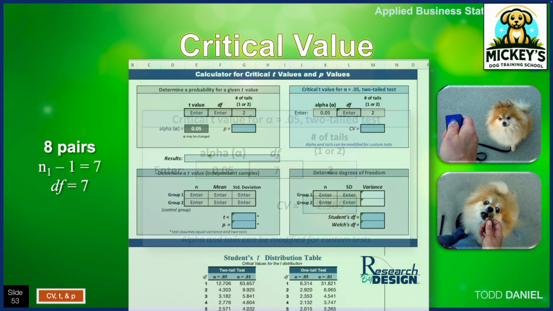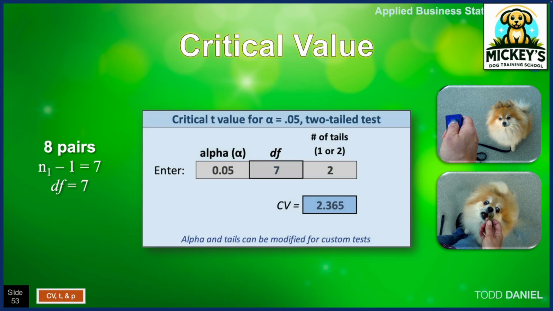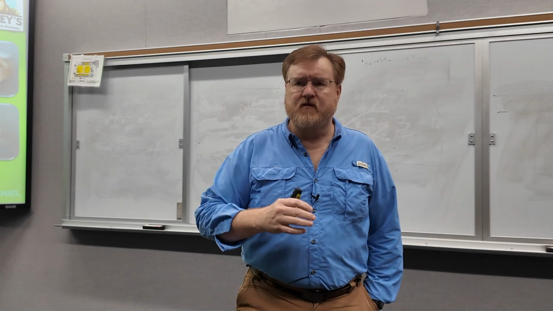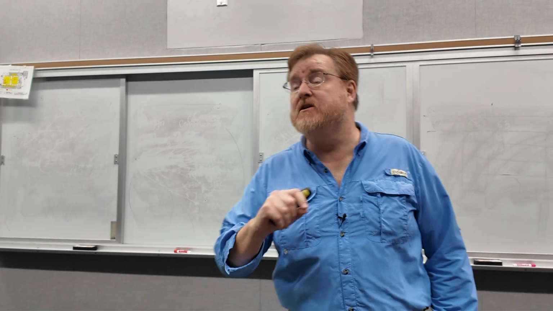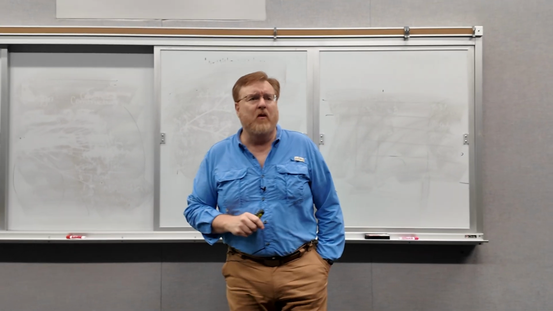Our degrees of freedom is 7. And so, for the critical value for alpha 0.05 two-tailed test, plug in 7 for our degrees of freedom, and we get a critical value of 2.365.